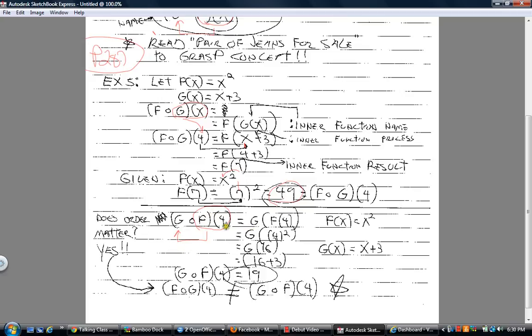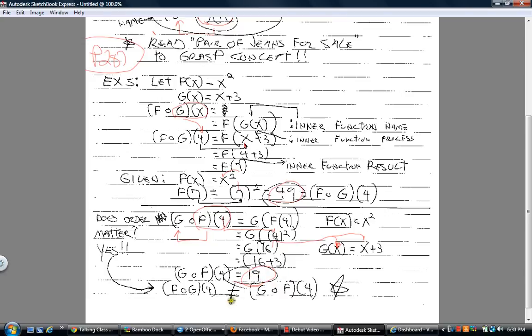Take the f function, which is x squared, and plug in 4 for x. 4 squared is 16. That now becomes the input into the outer function of g. The g function is x plus 3. We now put 16 into it. 16 plus 3, you get 19 as your final answer.